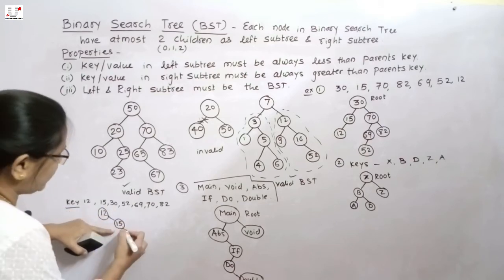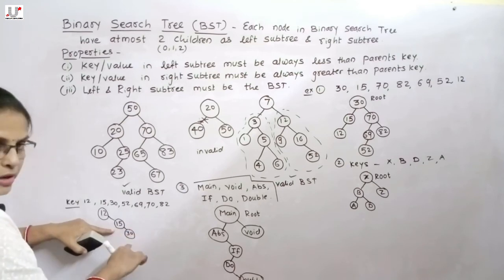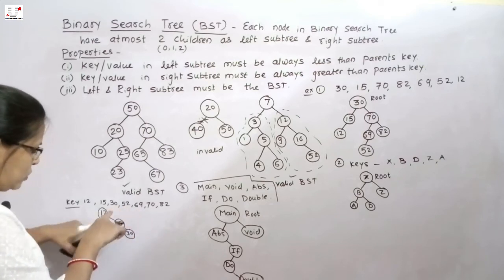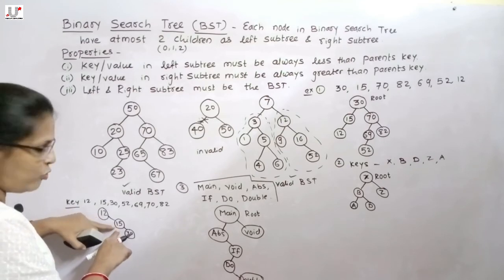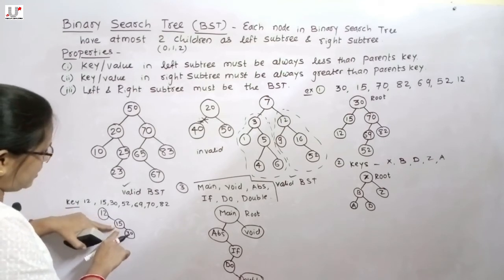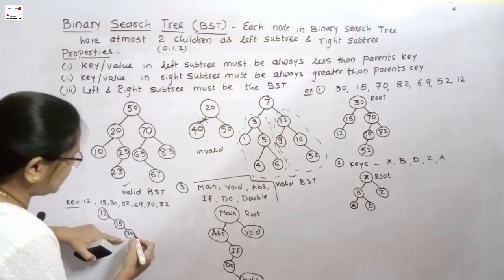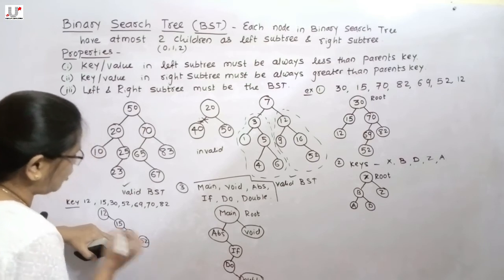It is greater than 15, so again move to right. 30 gets attached to the right of 15. Then the next element is 52. Compare that 52 with 12 first. It is greater, so move right. Compared with 15, it is greater, so move to the right. It is greater than 30, so 52 appears to the right of 30.